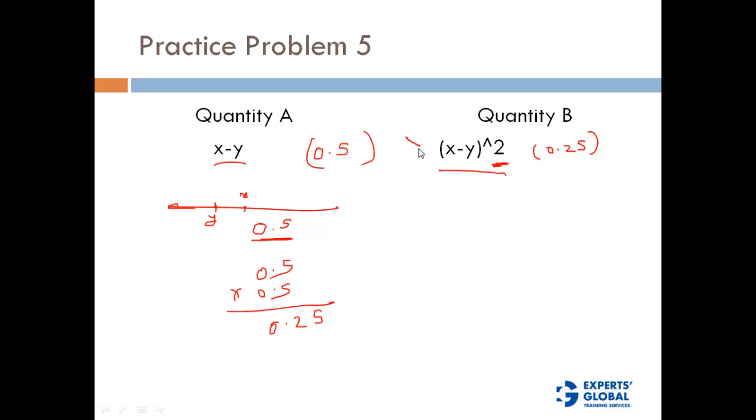Which one is greater? X minus y is greater. Now let's see if x minus y is equal to 4. If x minus y is 4, x minus y raised to 2 is going to be 16. In this case, x minus y raised to 2 is bigger. So we cannot actually make any decision. So the answer would be cannot be solved.